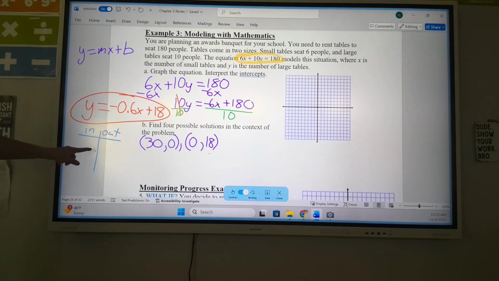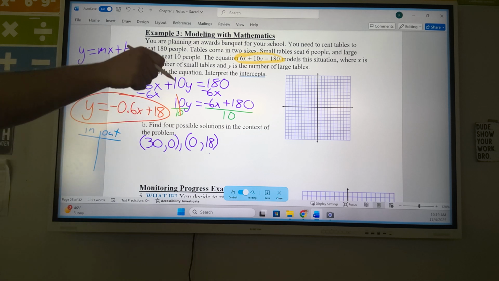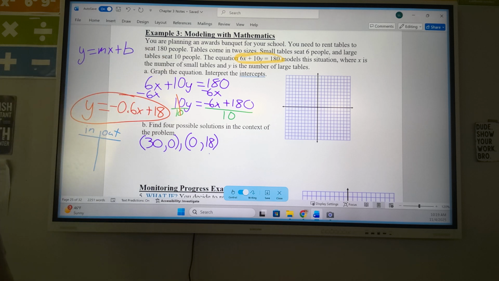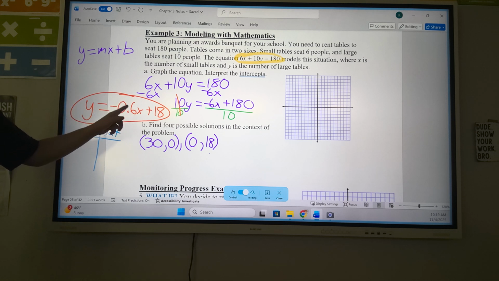So, in my opinion, the easiest way to get 0.6 to a whole number, because we know we cannot have decimals of a table, right? We're not just going to go up to the company and say, oh, I want 0.6 of a table. They're not going to take a bandsaw and cut the table into a sixth of a table, right? They're going to say, no, that's impossible. You have to order a full table or no tables. So that means we have to plug something in for x to get a whole number for y.